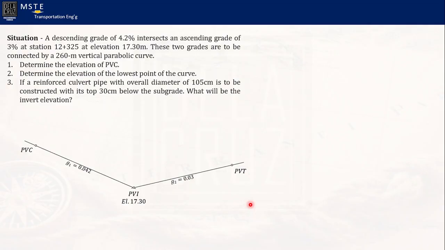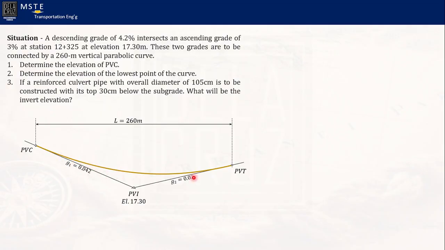So it will connect a curve that is 260 meters. These two grades are to be connected by a 260 meters vertical parabolic curve. The assumption here is that the length we are considering is horizontal, because the change of the grade here is very negligible.